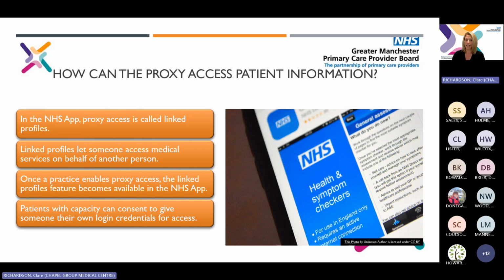So how can the proxy access this information? The NHS app is the best way. Now, there's a lot of different apps on the market at the moment. I think the MIGPM app was one of them, but the NHS are really pushing the app for the online services for the patient and the proxies because it has everything in one place.